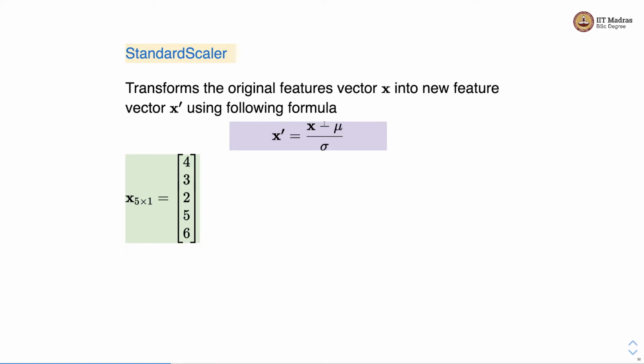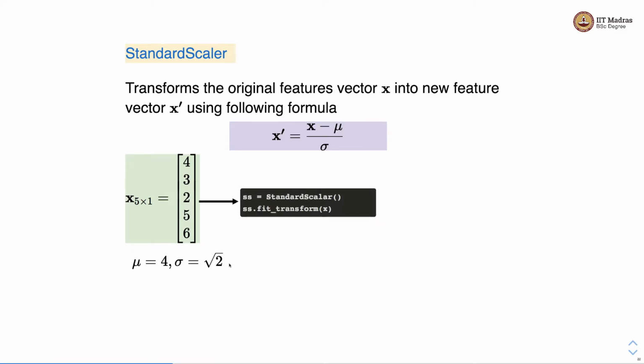Let's take an example. We have an original feature matrix which has 5 samples and a single feature. We can calculate the mean and standard deviation from this particular feature column. The mean is 4 and the standard deviation is square root of 2. We first instantiate the StandardScaler object and call the fit_transform method on it with the original feature matrix as an argument.